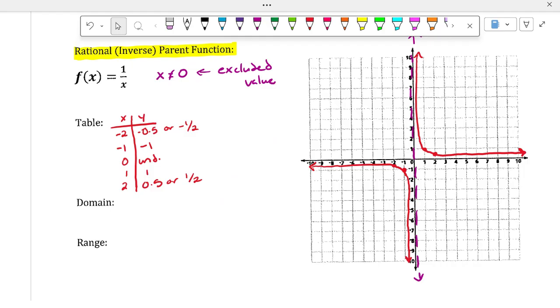It's literally what we just did like 2 seconds ago. Good. All real numbers except x cannot equal 0. And again, you can also state it as from -infinity to 0, union 0 to infinity. I'm just putting it both ways so you can see it. If you give me this on the test, I'm happy.